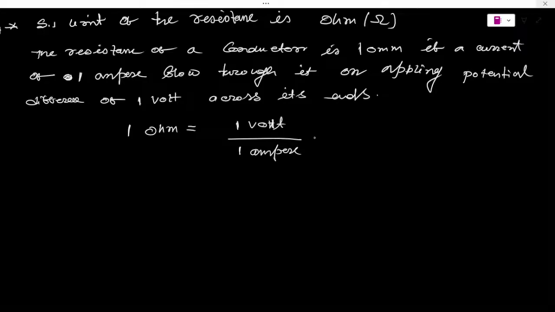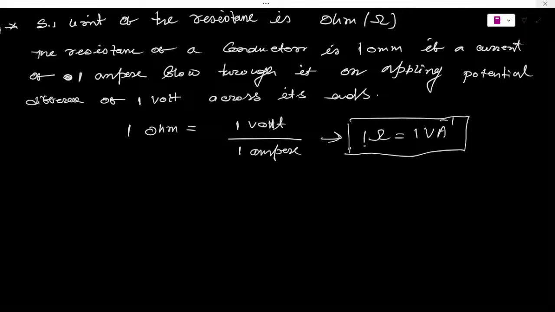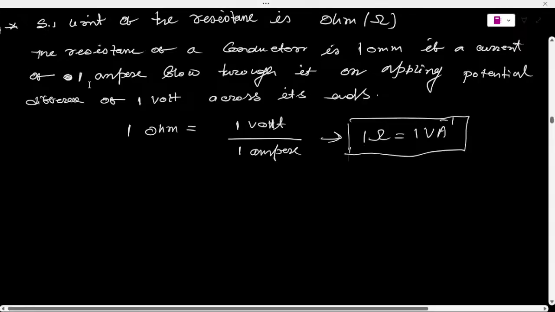So 1 ohm is equal to 1 volt per ampere. So the resistance of a conductor is 1 ohm if a current of 1 ampere flows through it on applying a potential difference of 1 volt across its ends. Clear?